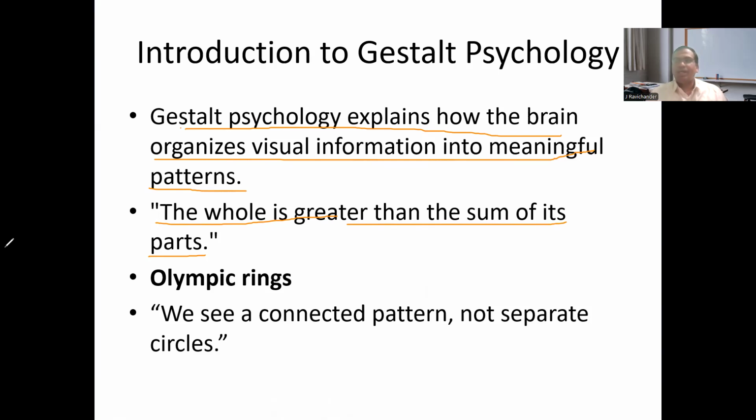The Olympic rings are actually not connected, but our mind perceives them as one picture, one symbol, one logo, even though we have different circles. We see a connected pattern, not separate circles. In the Olympic rings, this is the best example.